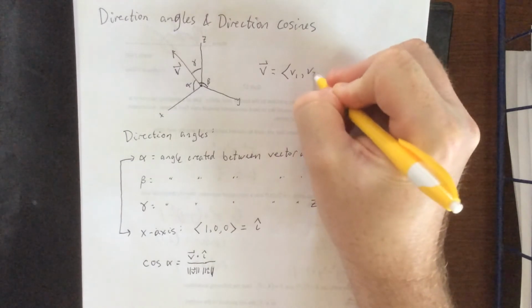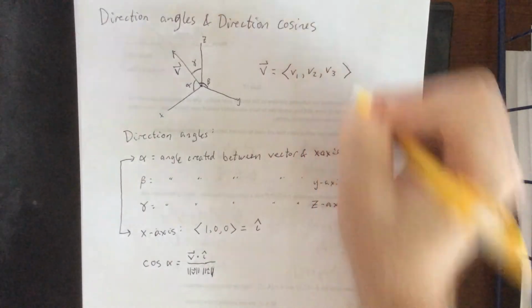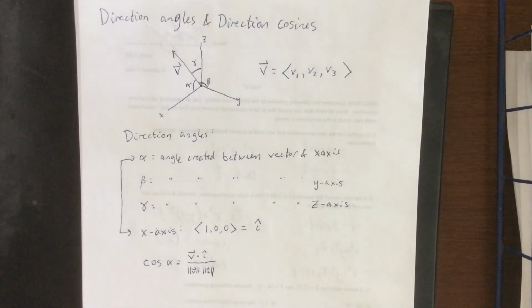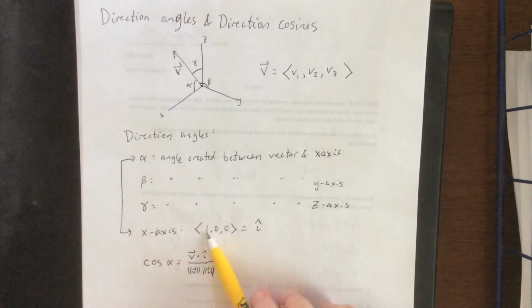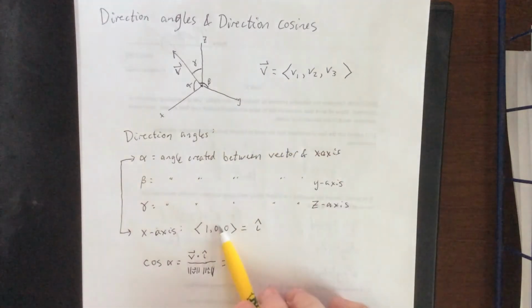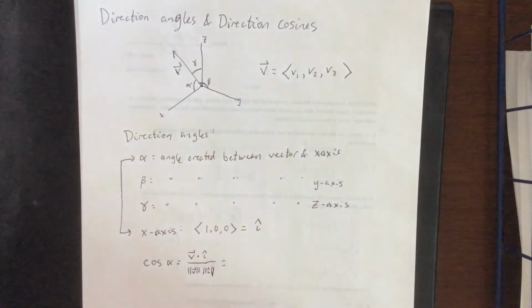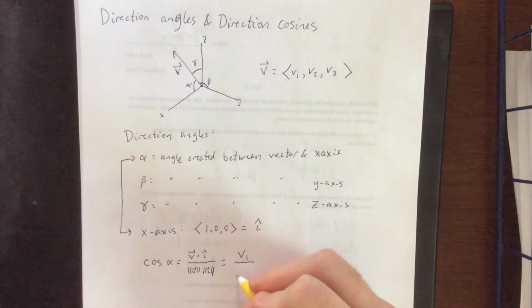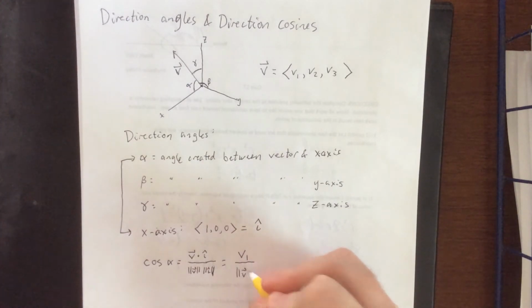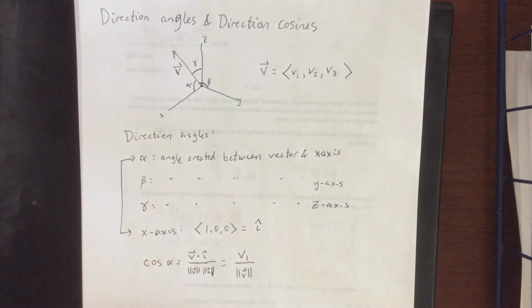Let's call it v1, v2, and v3, as is pretty typical for us. Now, when we take the dot product of v with i, that means we're going to do 1 times the first component and 0 times the other two components and add them all together, which is why we're just going to see a v1. We'll also see this divided by the magnitude of v, and the magnitude of i is no longer present because the magnitude of a unit vector is equal to 1.